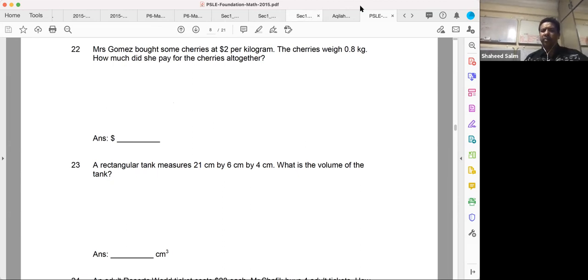Just take length times breadth times height. That's the volume of the tank. Length times breadth times height.